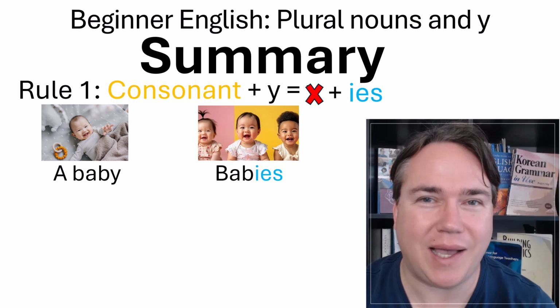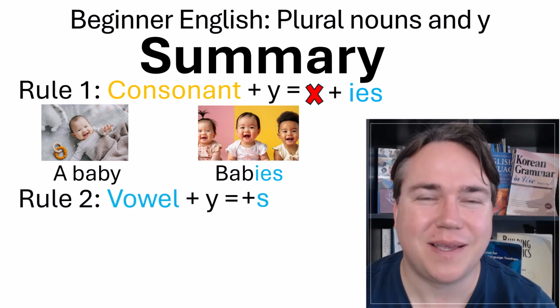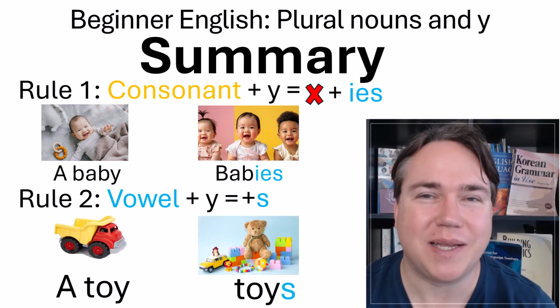No Y, IES. Rule 2. A vowel plus Y. In plural form, just add S. Example, a toy, two toys, three toys, four toys. In each case, just add S.